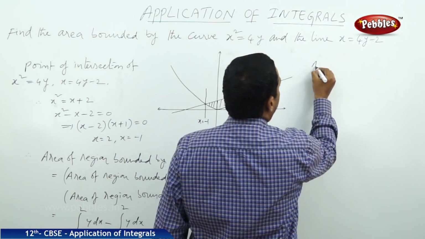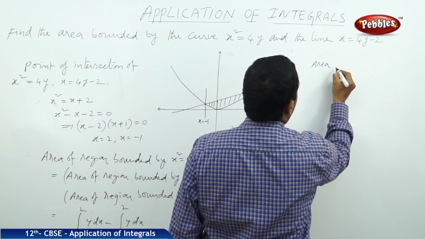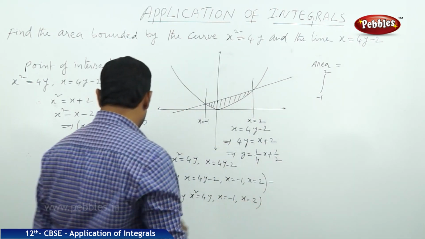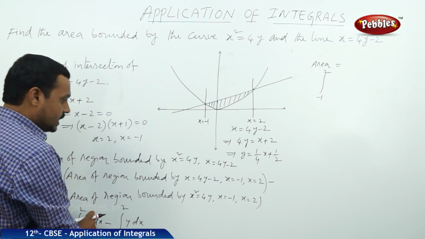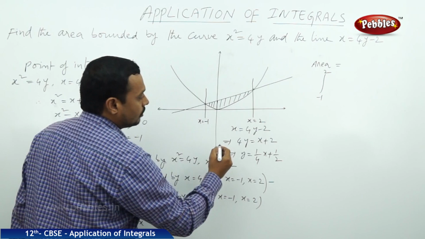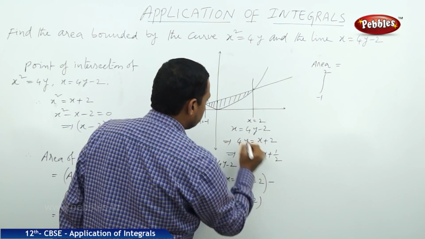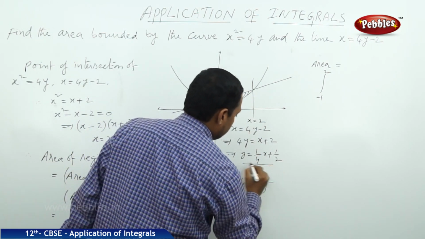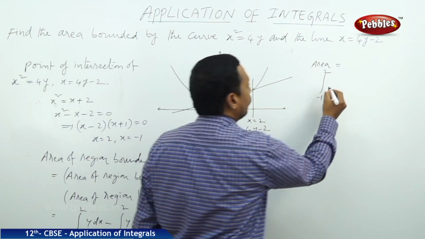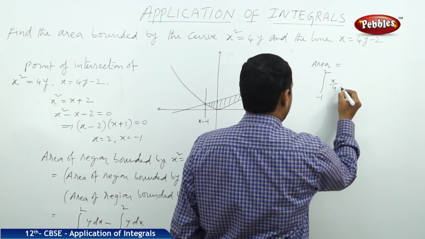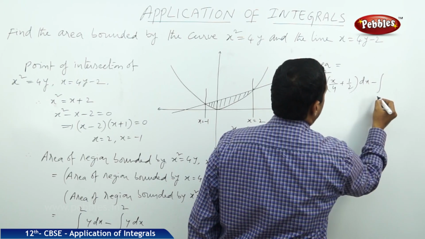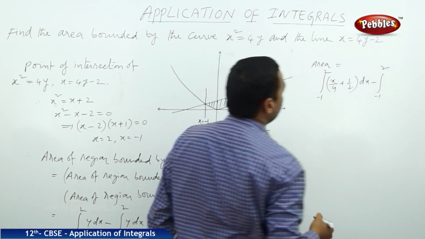Now the required area is equal to integral of -1 to 2 y dx, where y we can derive from the given straight line. Of course, it is already taken here. So y dx is equal to x by 4 plus 1 by 2 dx, minus integral -1 to 2.